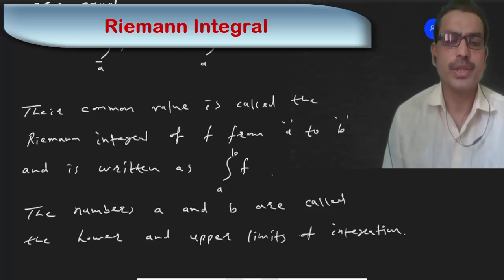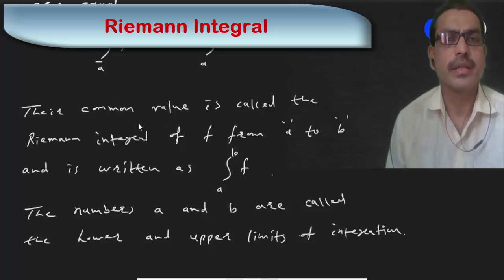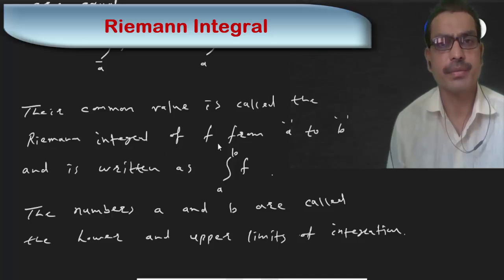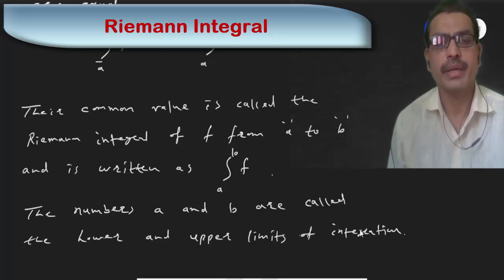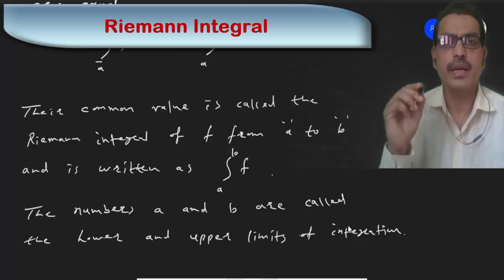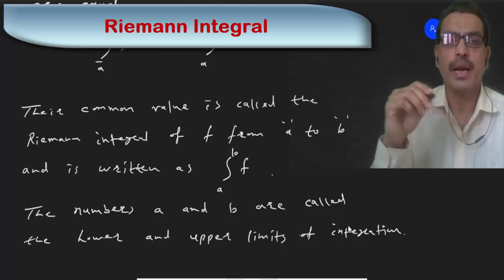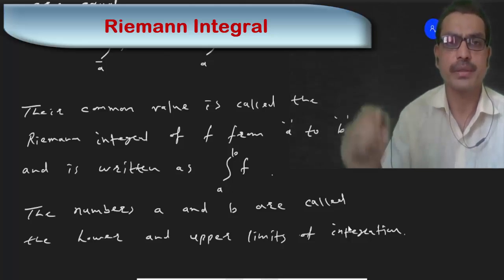See, in the definition of the Riemann integral, their common value is called the Riemann integral of f from a to b, and it is denoted by the integral of f over [a, b], and the numbers a and b are called the lower limit and upper limit of integration. a is called the lower limit and b is called the upper limit.